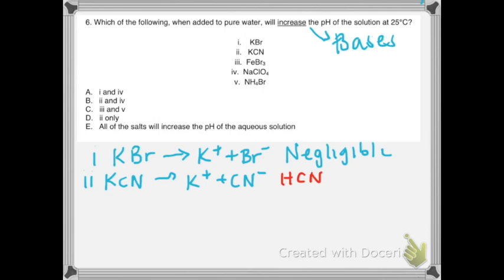So that tells me that CN minus is going to be a weak base, WB. And a weak base will increase the pH. Okay, so KCN seems like a good option.